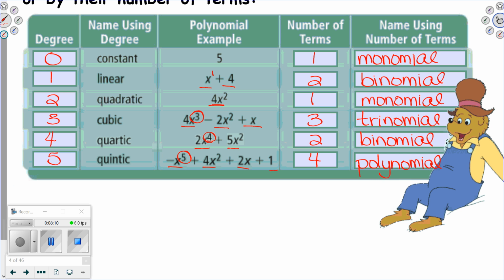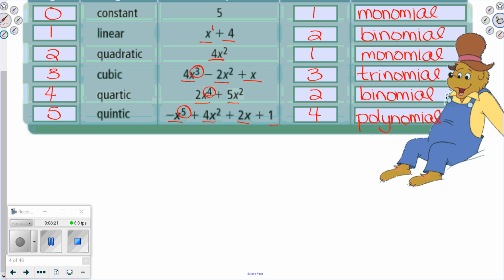All right. Now the table's great, shows you some examples and things, but I find students sometimes get themselves a little confused. Let's kind of break this down just a little bit, okay? So just off to the side somewhere where we have a little bit of space. So you can organize and classify things by degree, or you can do them by terms.